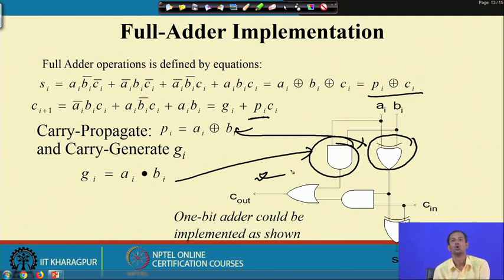Okay. So, what is the problem in the ripple carry adder is that I have to wait.